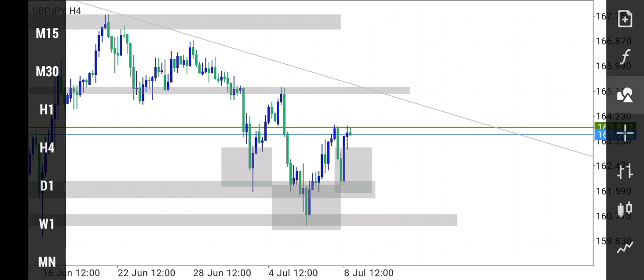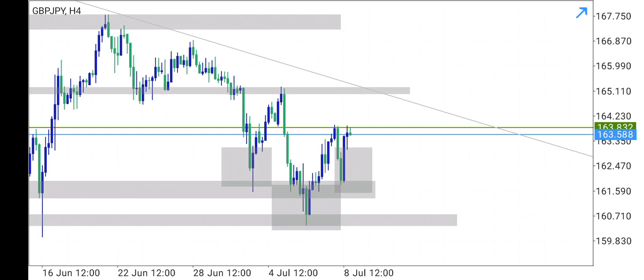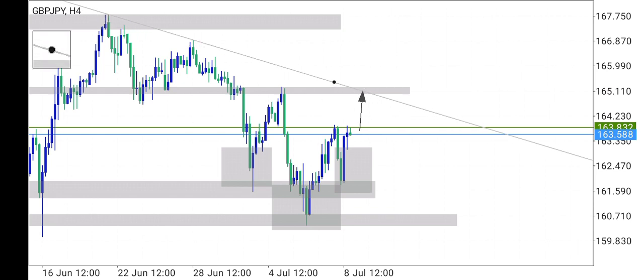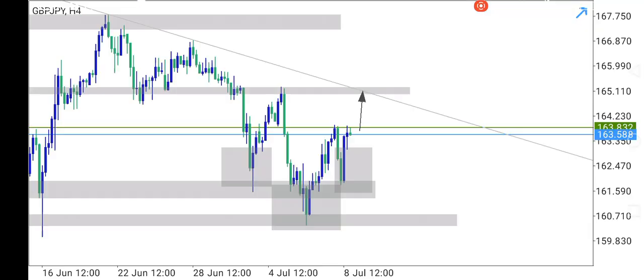So now price is likely coming up to this place, touching the trend line. If we do the trend line well, price might touch this trend line, then retest the area before moving down.